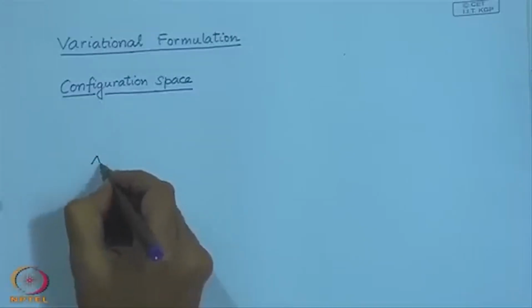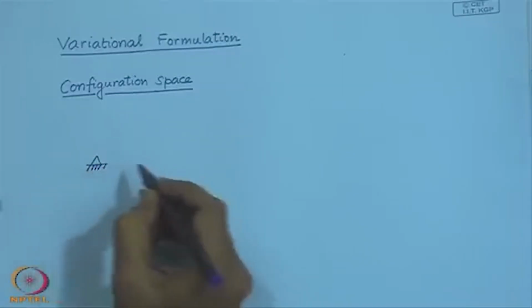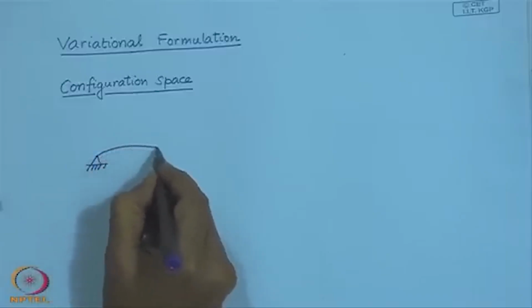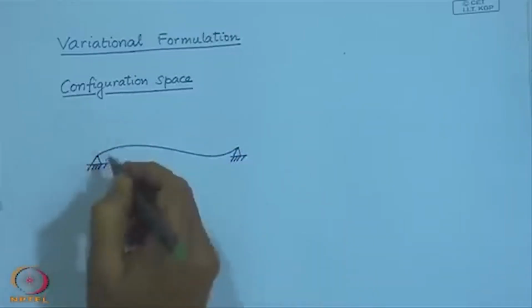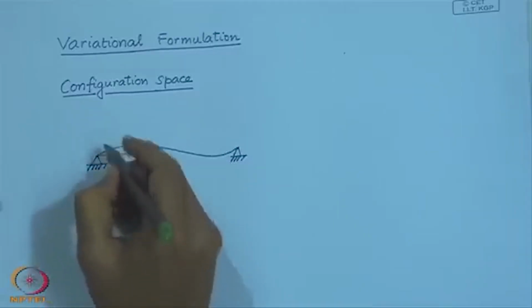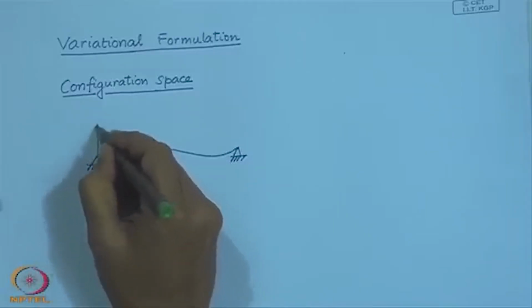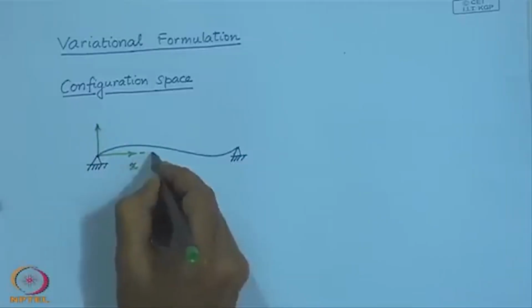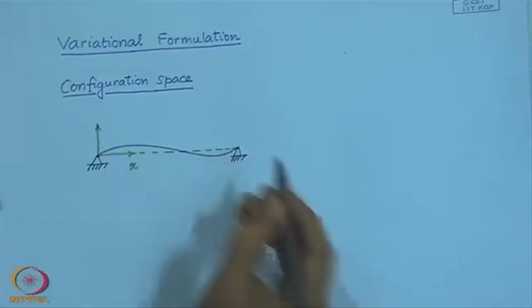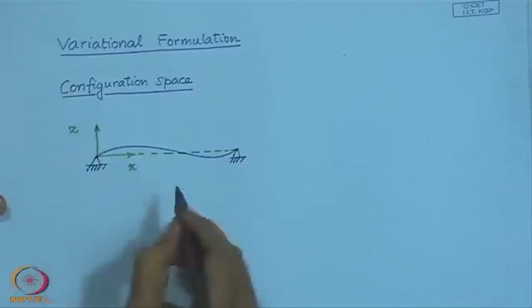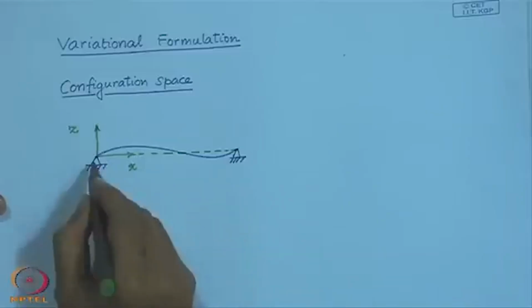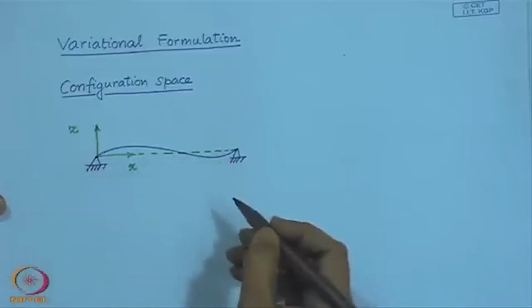Let us picture a string. A taut string, which has been displaced from its equilibrium position, which is the x axis.